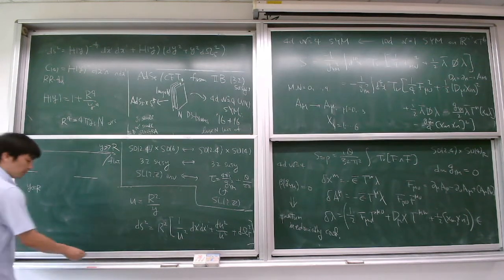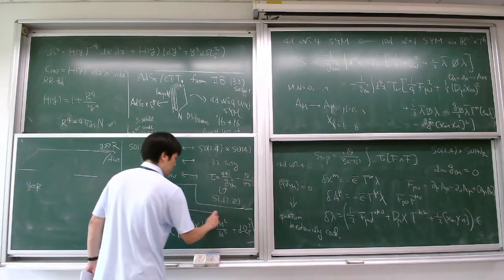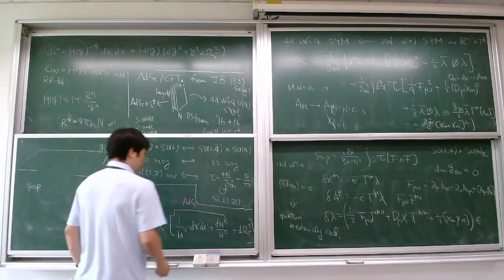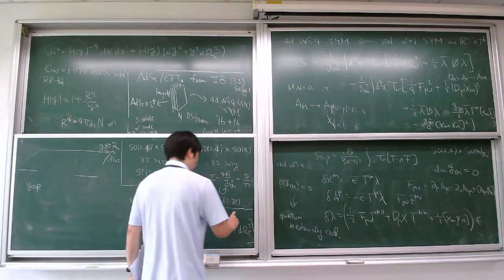Okay, so this becomes the metric here, and if you look at this one, the first part is indeed AdS5. We just look at the Poincare metric I have written down in the first part of the lecture, and this part is S5.